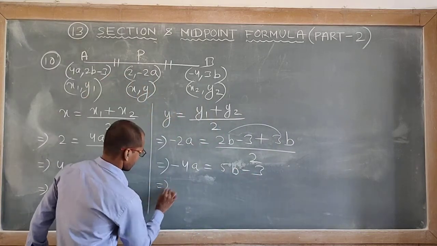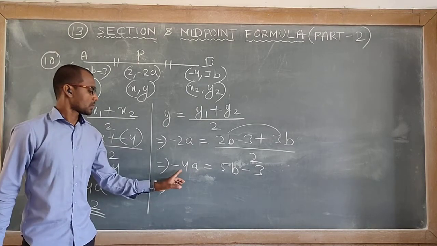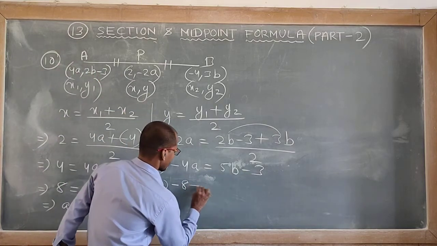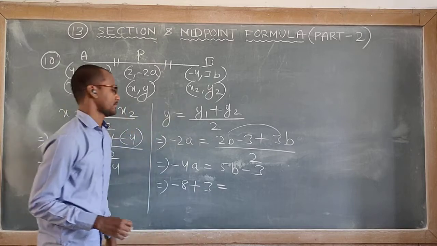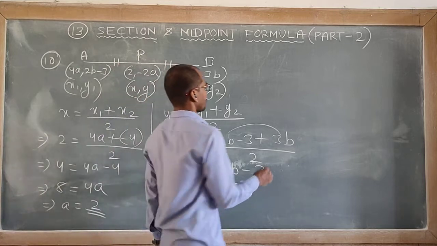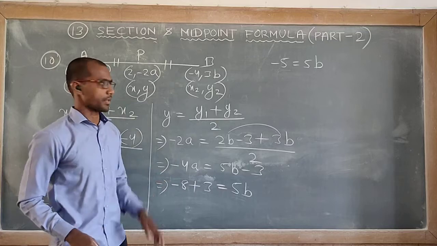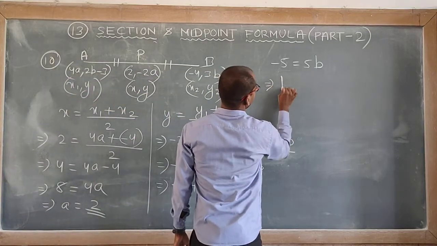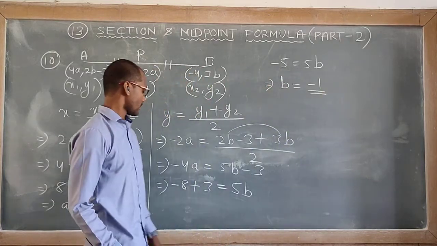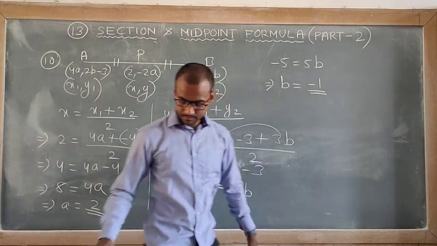Now a is equal to 2, we have already found it. So minus 4 into 2 is minus 8. Then minus 3 to the left, plus 3 is equal to 5b. So minus 8 plus 3 is minus 5, which is equal to 5b. So b is equal to minus 5 by 5, which is minus 1. So a is equal to 2 and b is equal to minus 1.